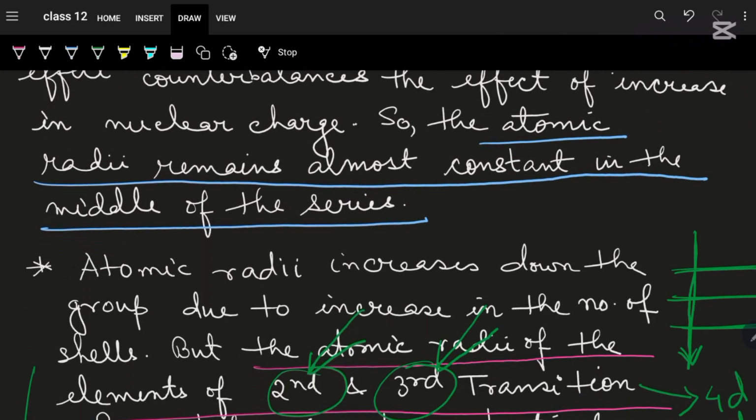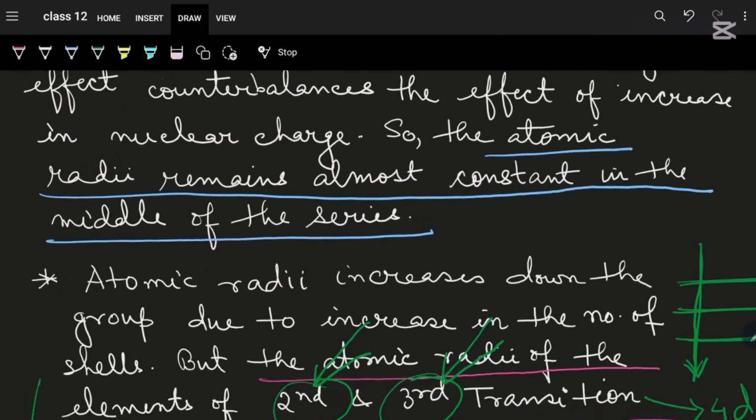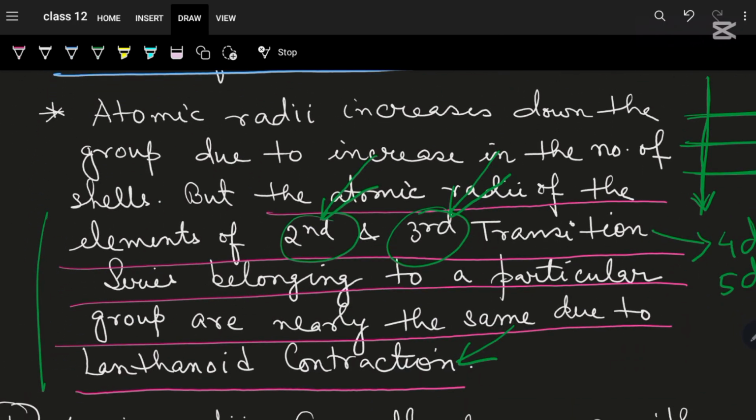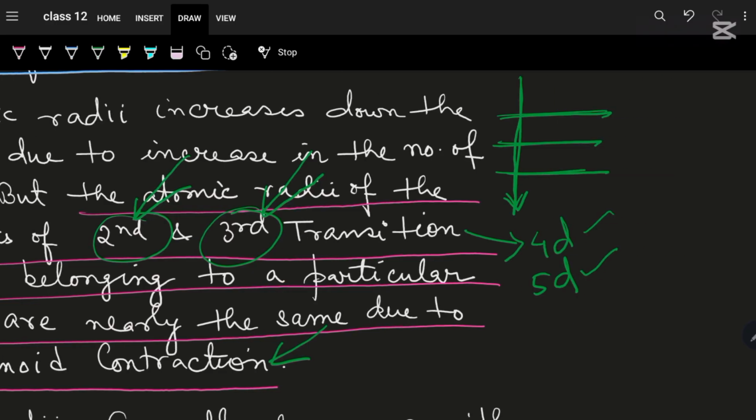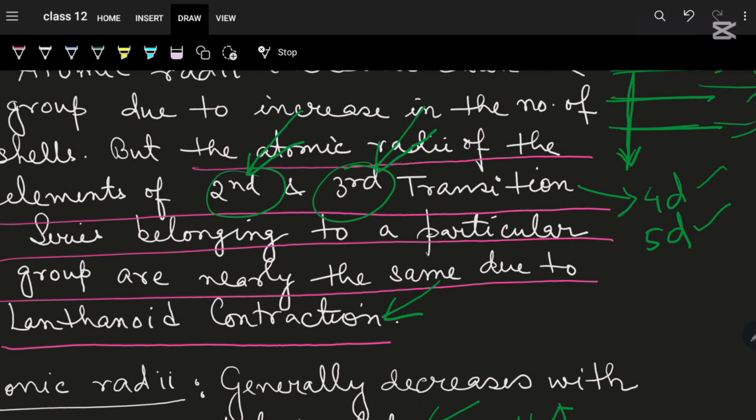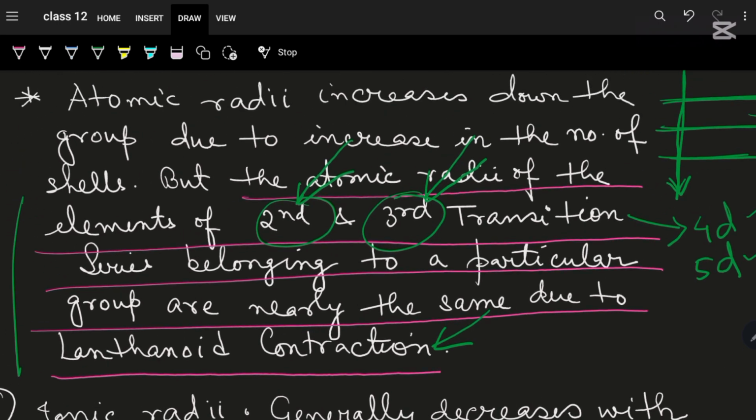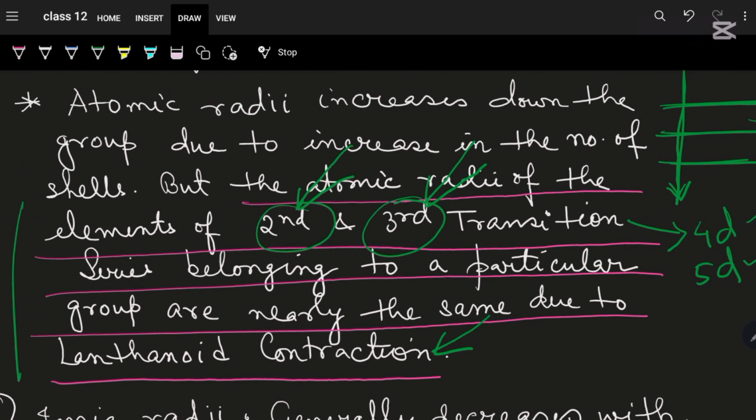So that we are going to see again later on in detail. Atomic radii increases down the group due to the increase in the number of shells, because when you move down the group, the period number goes on changing. That means there is an increase in the shell number. You move away from the nucleus and the effective nuclear charge decreases.